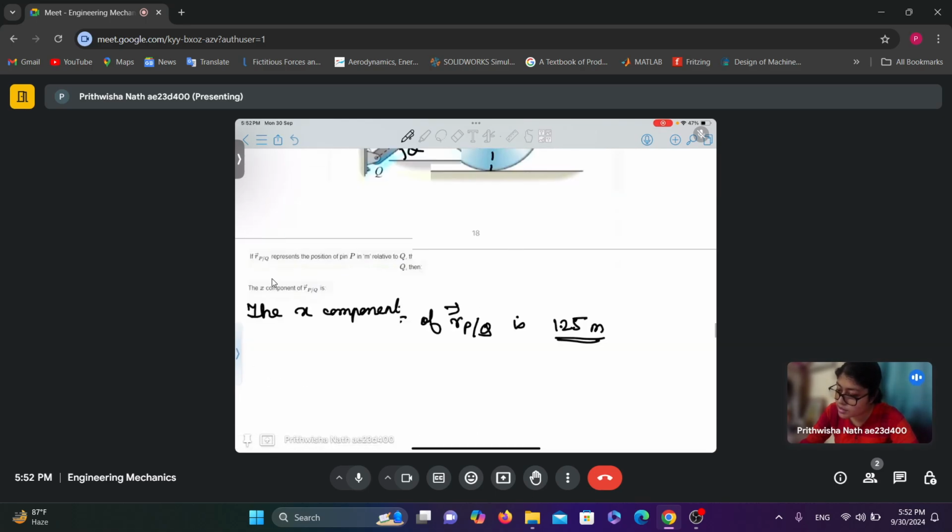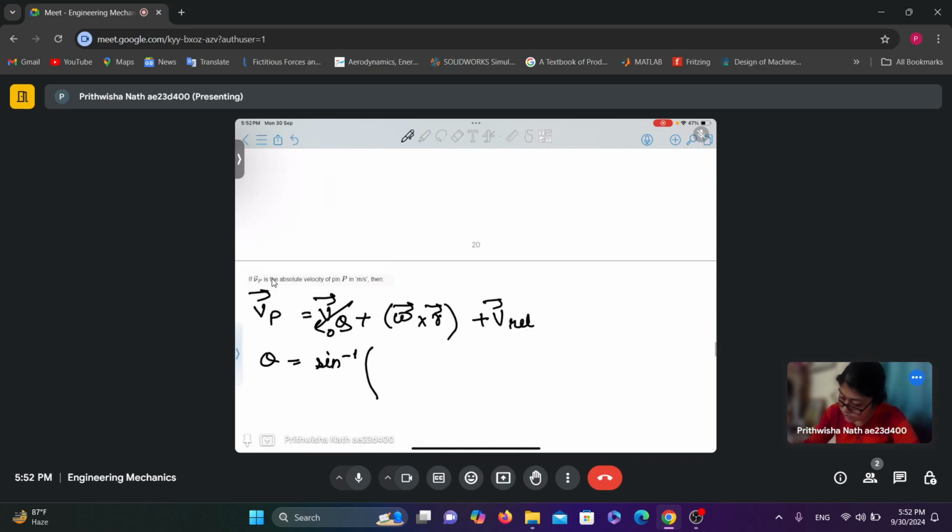So perpendicular distance is 0.75 and the hypotenuse is nothing but 1.25, right? Therefore this becomes 36.87 degree.